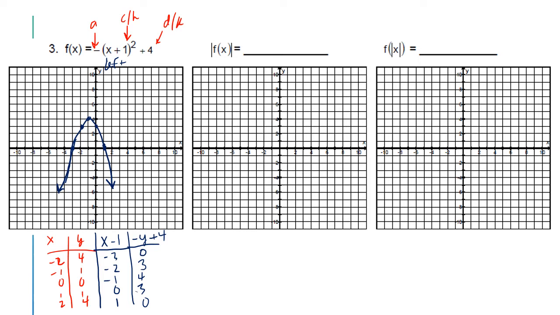All right, so on here, it then says you're going to find the absolute value of f of x. So absolute value of f of x means that to all of my y variables, I'm going to take their absolute value. I'm not changing the x. So I have absolute value of the entire function, which would be my output, plus 4. So all I'm doing is taking the absolute value of my y.